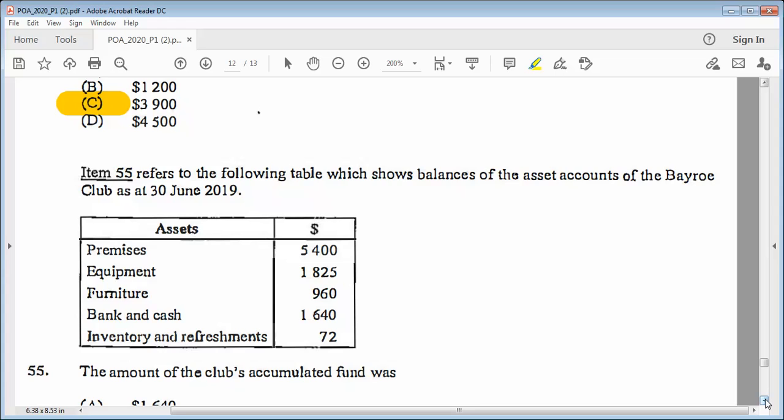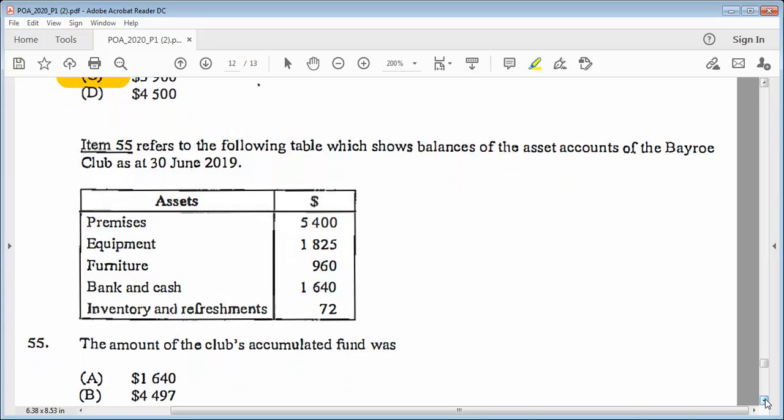Item 55 refers to the following table, which shows balances of the asset accounts of the Baying Club as at 30th of June 2019. So our assets are our premises, 5,400, equipment, 1,825, furniture, 960, bank and cash, 1,640, inventory and refreshments, $72.